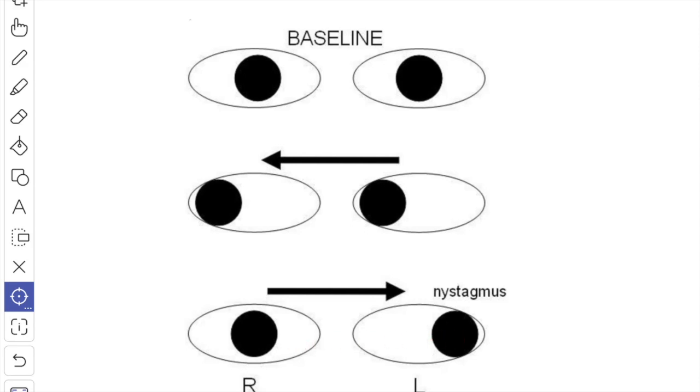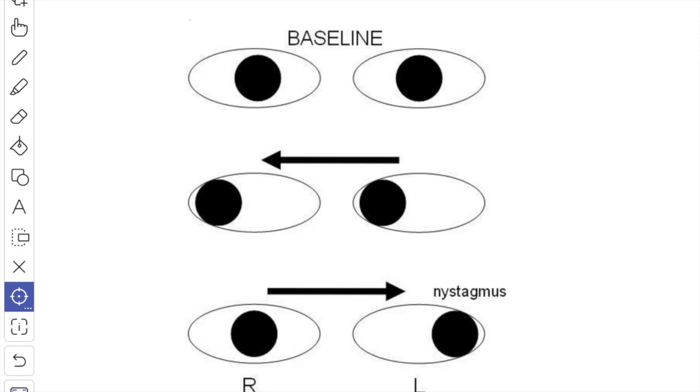So in this picture you can see, this is the normal vision, the baseline. When you ask the patient to look to the right side, the lateral rectus of the right and the medial rectus of the left eye act. So the sixth nerve and the third cranial nerve act.